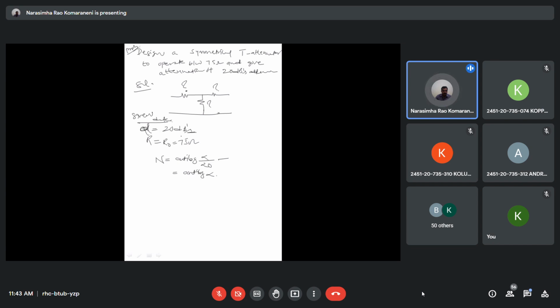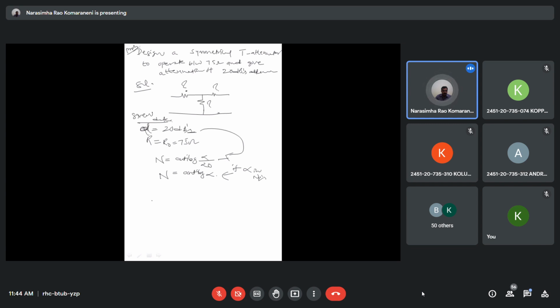If the attenuation is given in decibels, we have the equation capital N equal to anti-logarithm of alpha by 20. Similarly, if the attenuation alpha is given in nepers, simply capital N equals anti-log alpha. Is it clear? This is the equation for capital N.